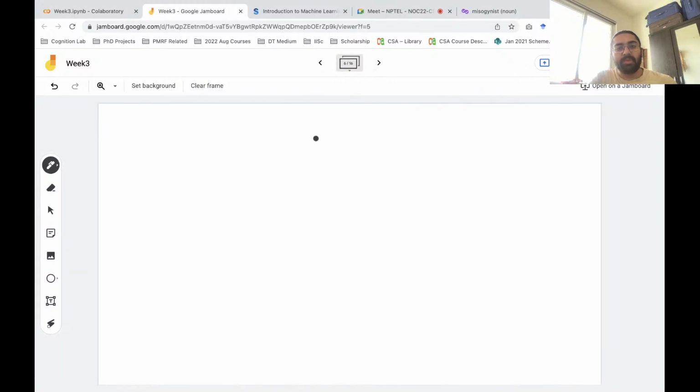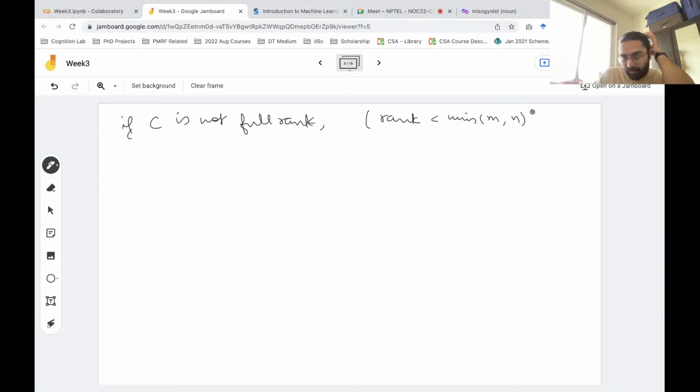So the idea is that if C is not full rank, that is, the rank is strictly less than the minimum of m comma n, what that means is there are linearly dependent columns.